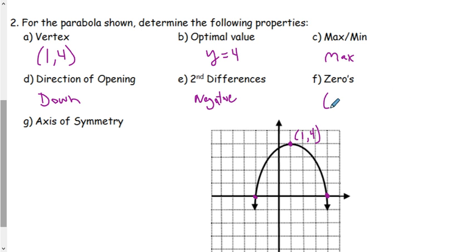But in this case, I'm just going to write them as points, although I would accept it as x equals negative 2 and x equals 4. But writing them as points, it's negative 2, 0, that's over here, and 4, 0, that's over here. Those are my zeros. What's my axis of symmetry? Well, that's my line that goes through the middle of the quadratic, and it hits my x-axis at 1, so x equals 1 is the equation of my axis of symmetry.